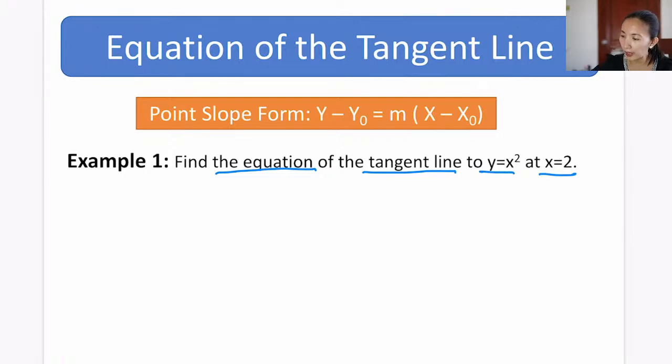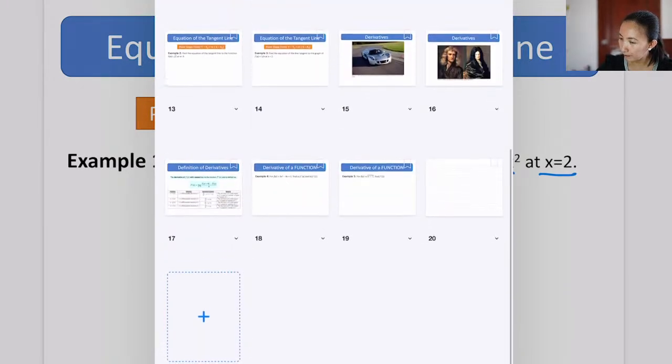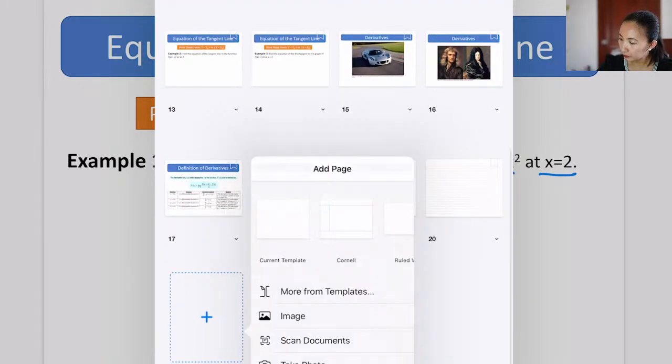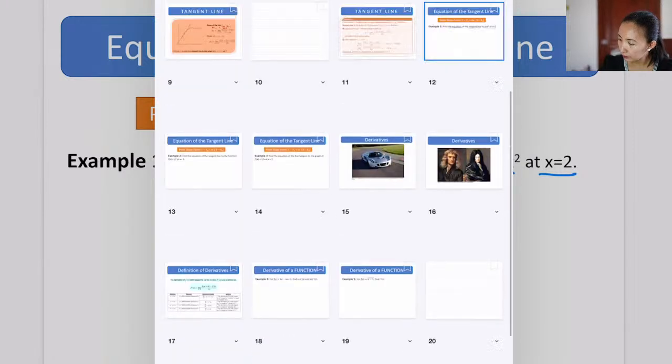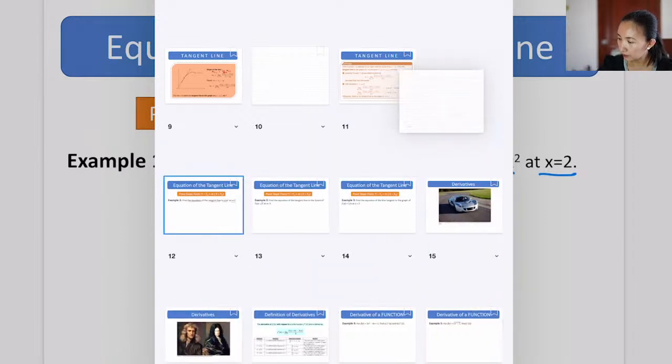Now, by the way, if we go back, we have derived the equation a while ago.